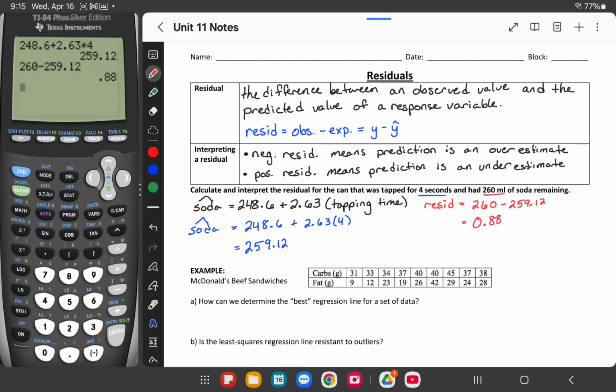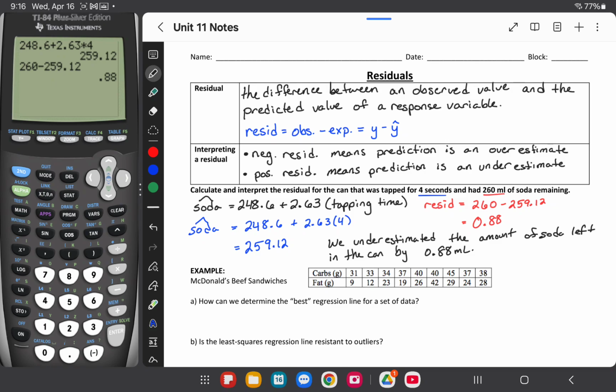So my residual for this particular data point would be equal to 0.88. So in terms of my interpretation, I need to make sure I do that in context and also mention the fact that we underestimated our amount of soda. So we're going to say that we underestimated the amount of soda left in the can by 0.88 milliliters, which was pretty darn close.